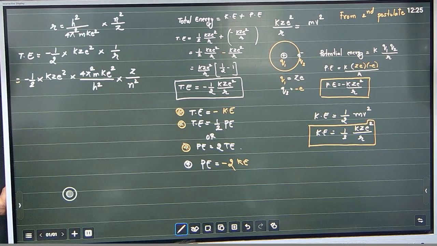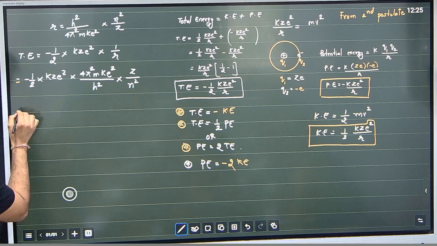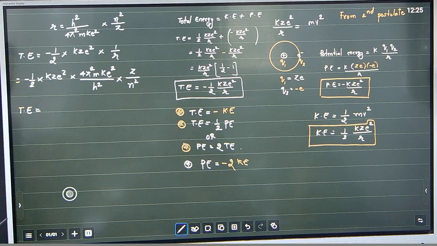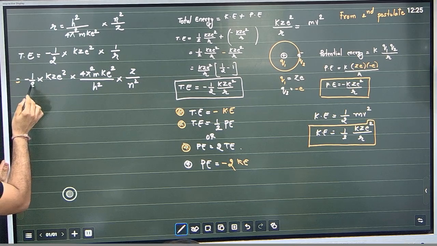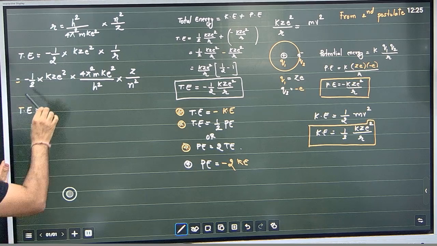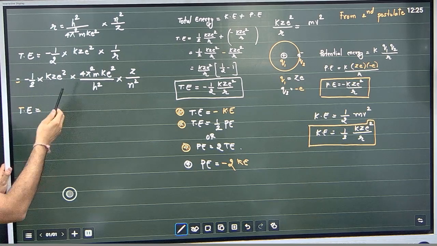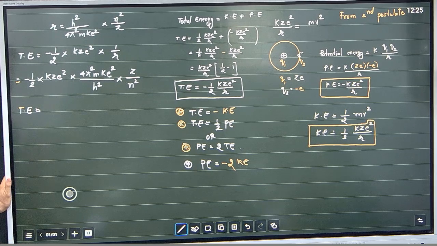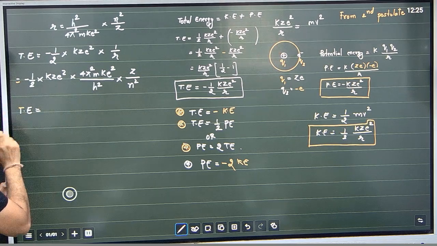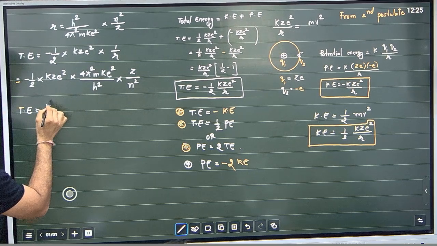With me till here? So total energy is... 2 ones are 2, 2s are... Now let's see if I can cancel something or bring some common terms together. K and K will become K squared.